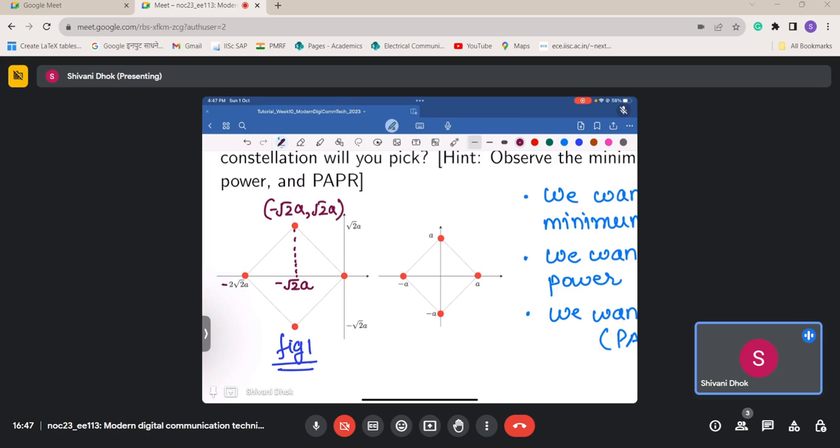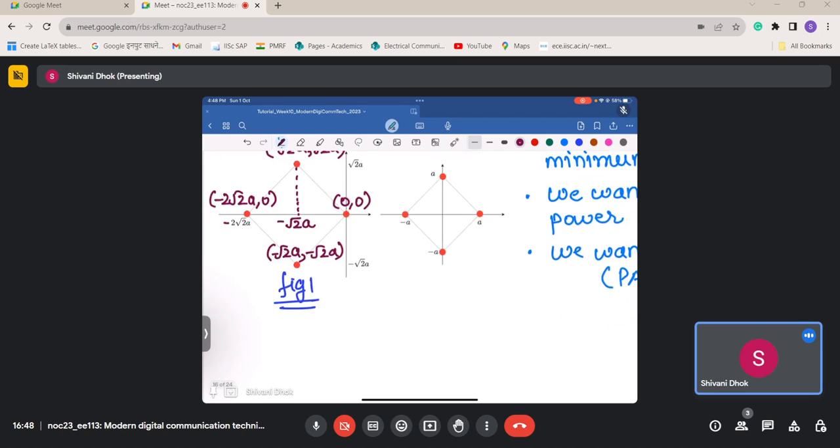And similarly, this point will be minus root 2a comma minus root 2a. This point is minus 2 root 2a comma 0, and this point is 0 comma 0. So this we have here.